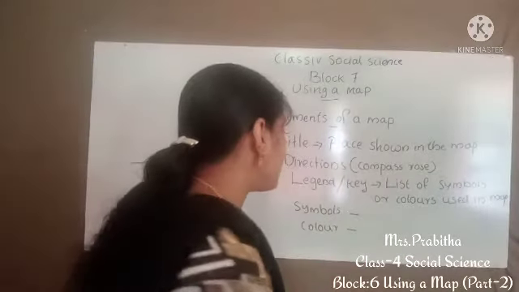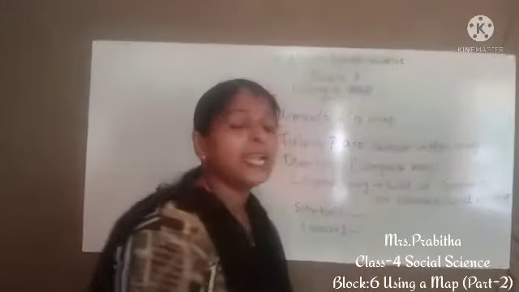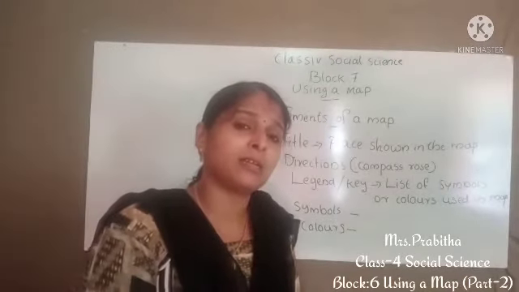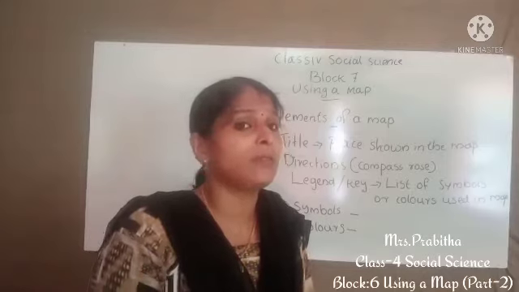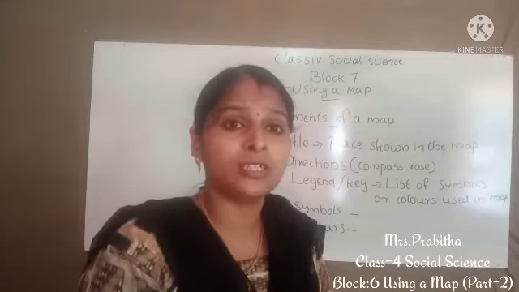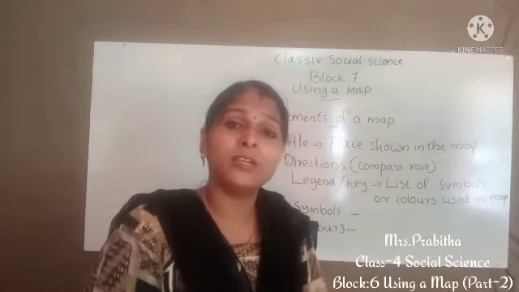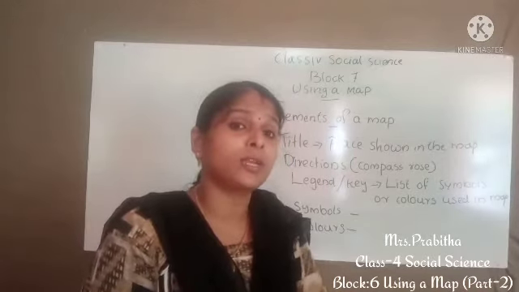These symbols and colors will reduce the text on a map. If there is too much written text, it will be very difficult to read, isn't it children? Making a map is very difficult. So what do the cartographers use?